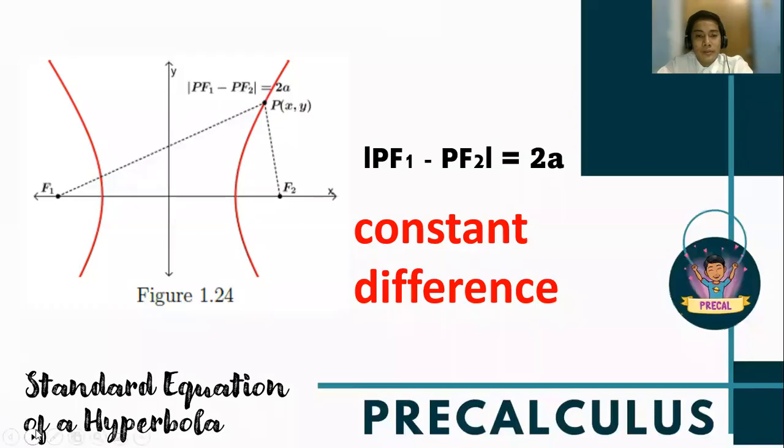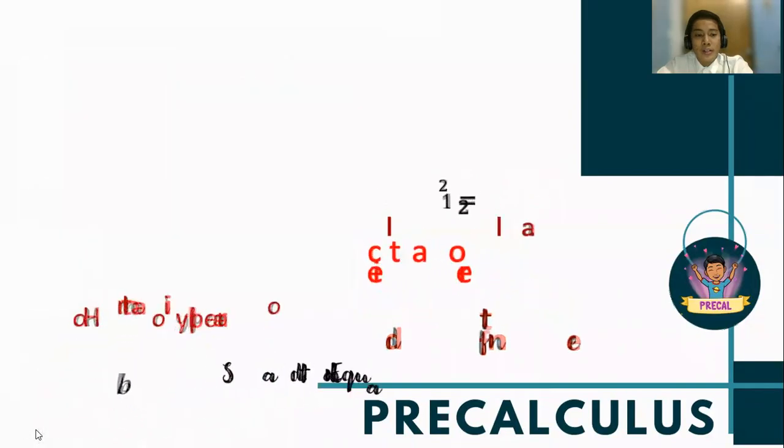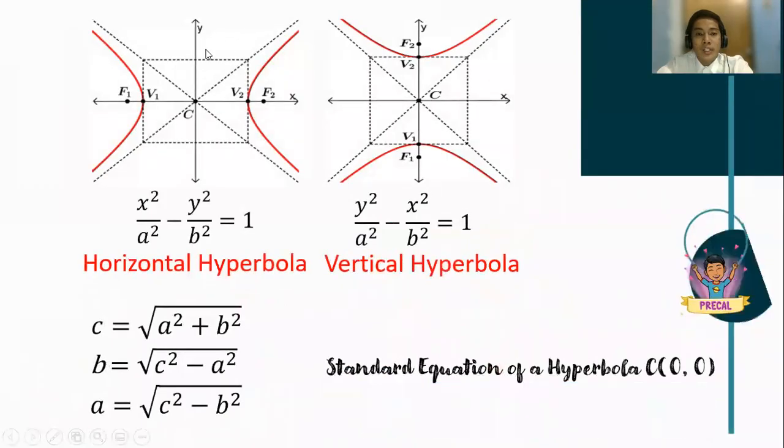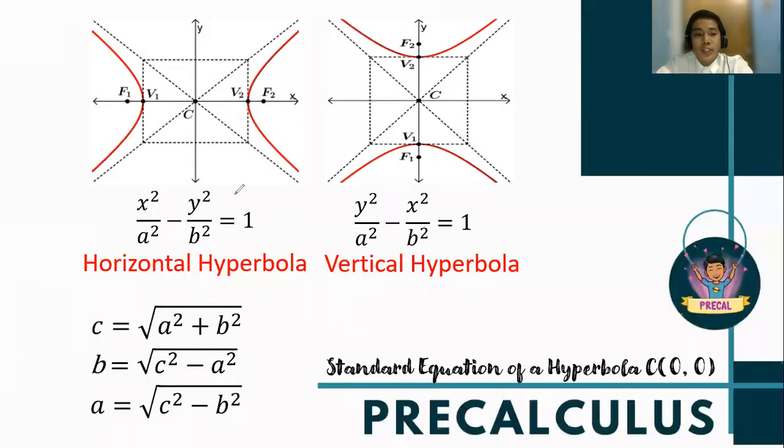That is why, when we form the standard equation of the hyperbola, notice that it seems like the standard equation of an ellipse, because an ellipse has a sum, right? But in here, the only different thing is the sign. It now became a minus sign.